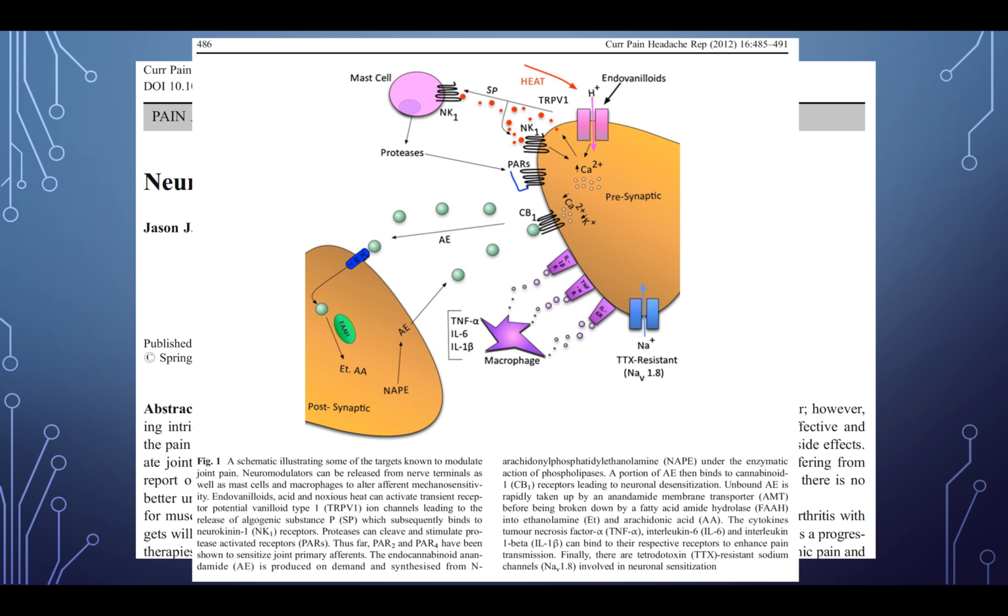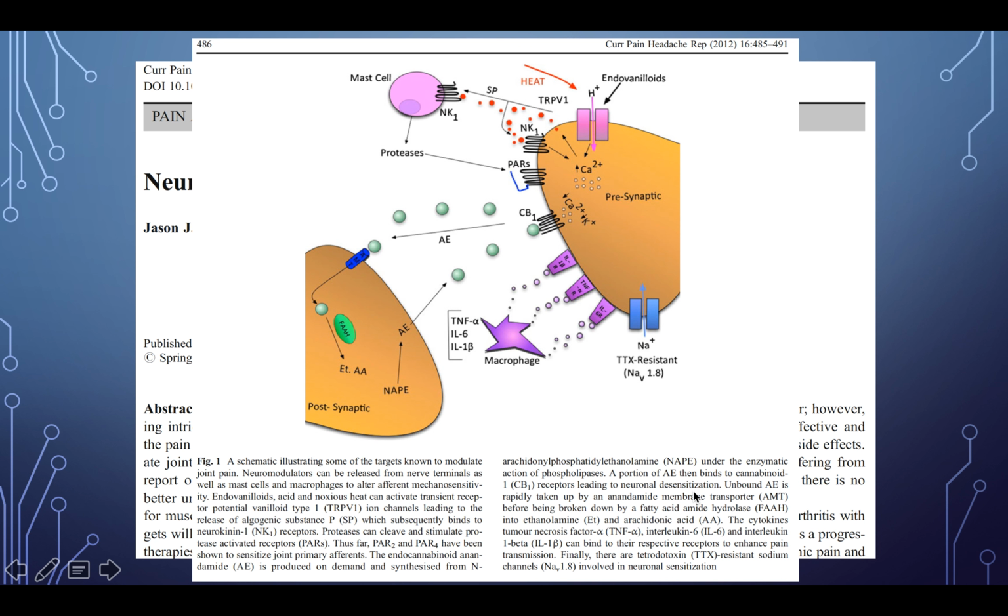And then the endocannabinoid anandamide, AE, is produced on demand and synthesized from NAPE under the enzymatic actions of phospholipases. So a portion of the AE will bind to cannabinoid 1 receptors, leading to neuronal desensitization.